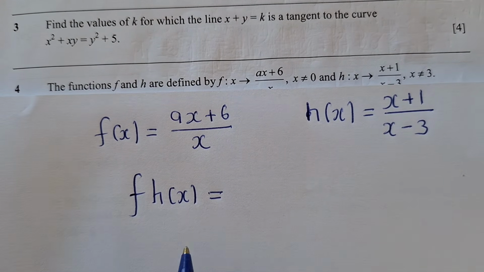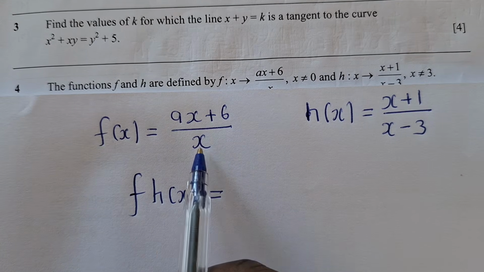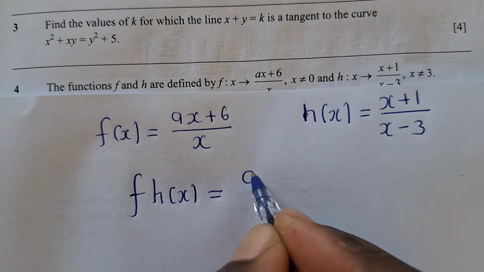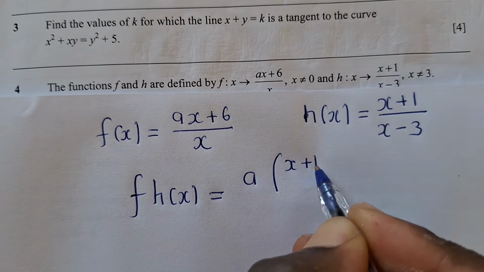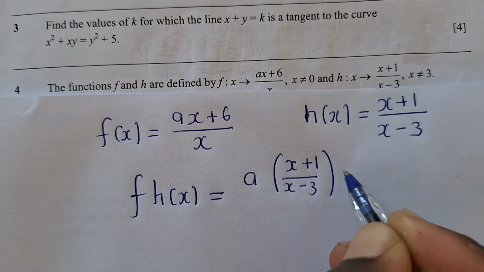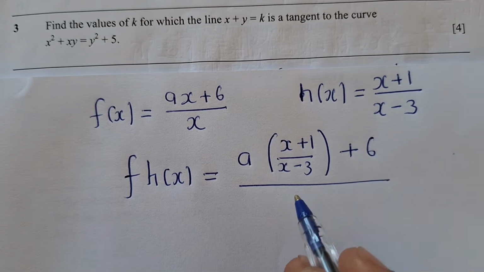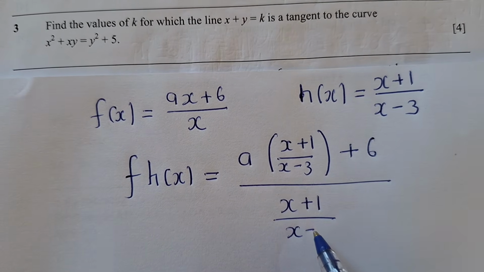In this case, we're just going to get the f function, and where there is x here and here, we fuse in the h function. And this will be (x + 1)/(x - 3) + 6, over (x + 1)/(x - 3).